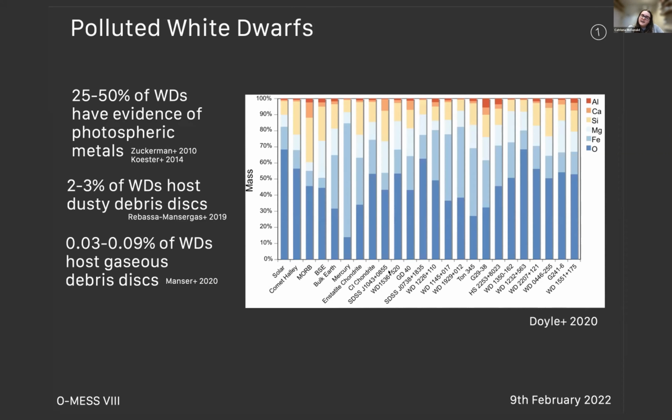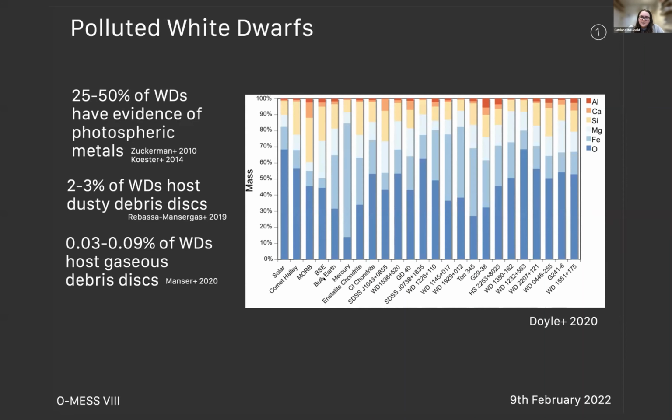And on the left-hand side are some typical solar system bodies, so chondrites, asteroids, bulk Earth, and solar concentrations. And you can see that pretty consistently these materials inside these white dwarfs align quite nicely with rocky material, which we have in the solar system.